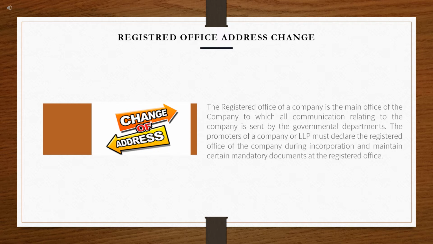B. Change to a place outside the local limits of the existing place but within the same state under the jurisdiction of the same Registrar of Companies. C. Change from the jurisdiction of one registrar to that of another registrar within the same state. D. Change from one state to another state.